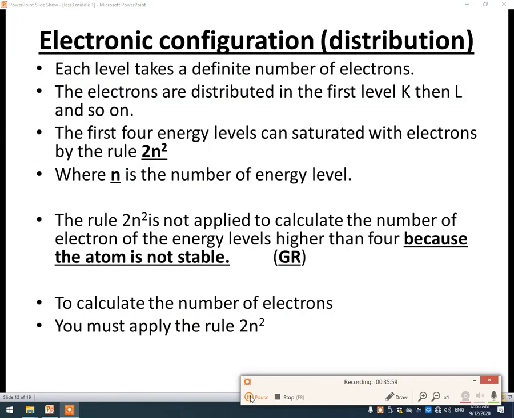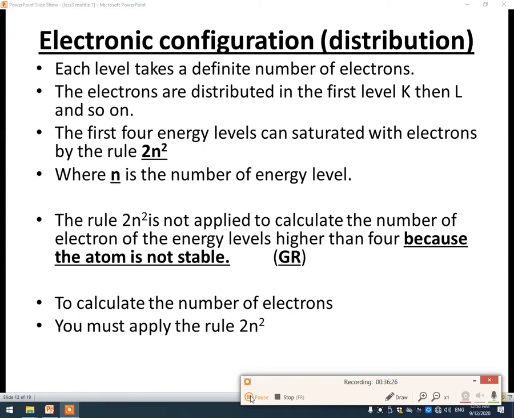Now let's talk about the electronic configuration or distribution of the electrons. How can we distribute the electrons in their energy levels? You have to know first that each level from the 7 takes a definite number of electrons. For example, the energy level K can take only 2 electrons.